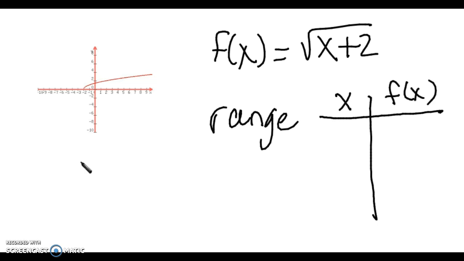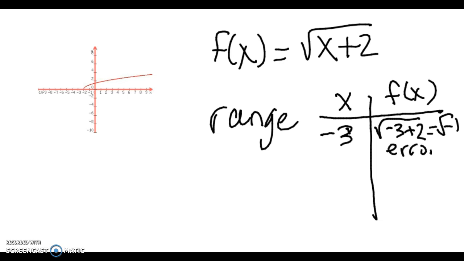using this function, let's say I let my x be negative 3. If I substitute in a negative 3 for the x, I would take the square root of negative 3 plus 2, which would be the square root of negative 1, which would give me an error, okay, because we are only working with real numbers.